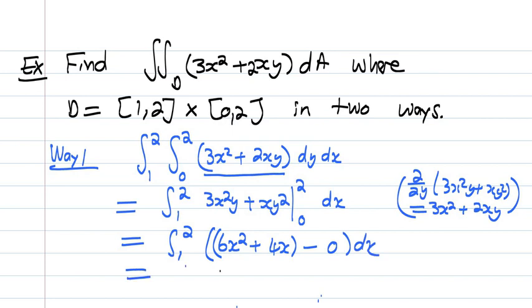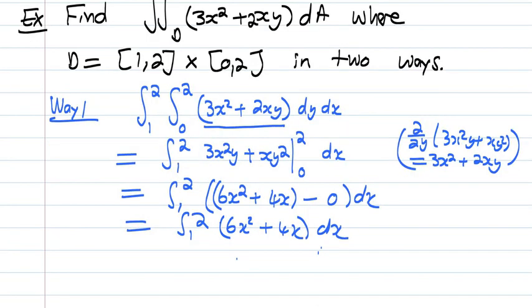And now it becomes the integral from 1 to 2 of 6x squared plus 4x dx. And now it's a first year problem. If we integrate that, that becomes 2x to the power 3. If we integrate that, that becomes 2x squared.